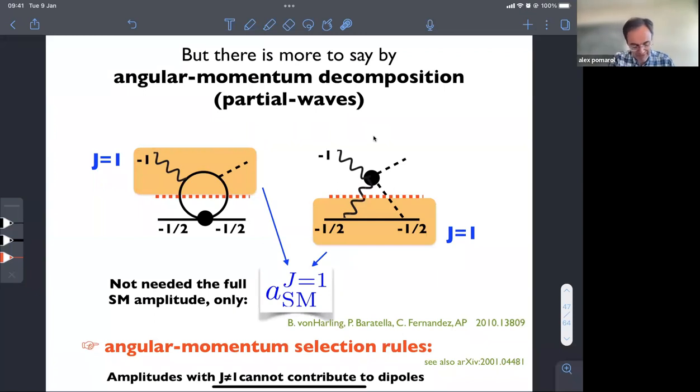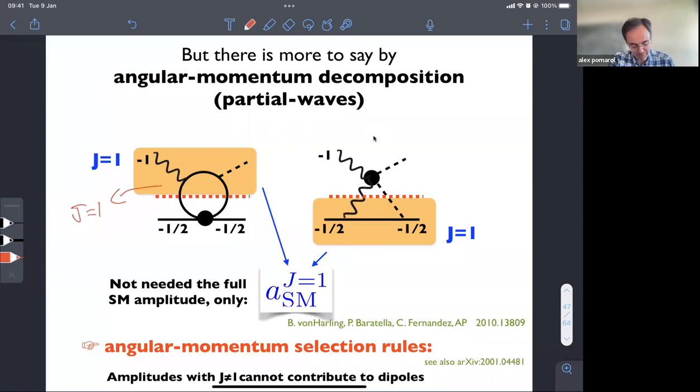And in fact, the fact that this is J equal 1 means that, of course, the incoming states are J equal 1, these states are J equal 1. And you can see in other examples that there should be conservation of angular momentum, which gives you some angular momentum selection rules. So this is the J equal 1 here. These guys here in the middle should be J equal 1.